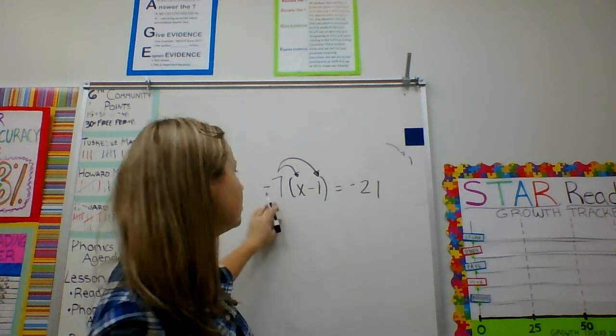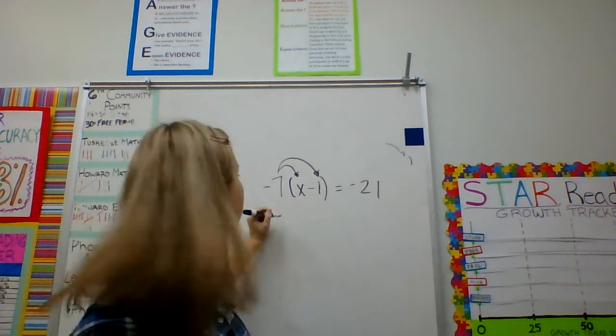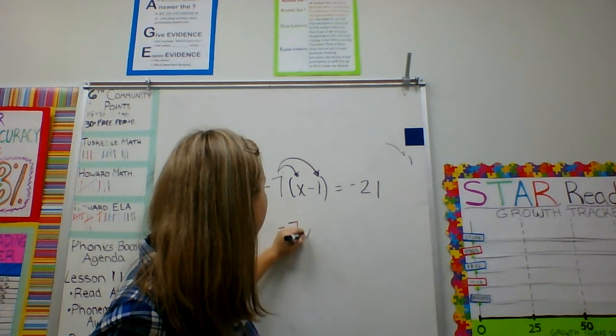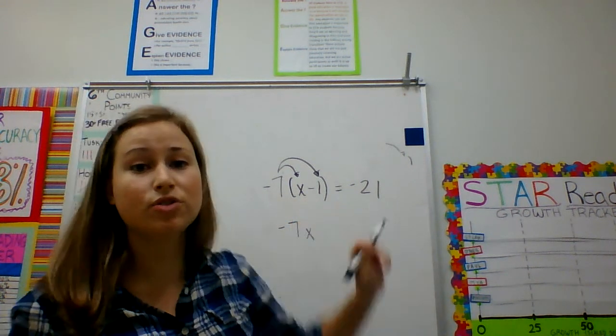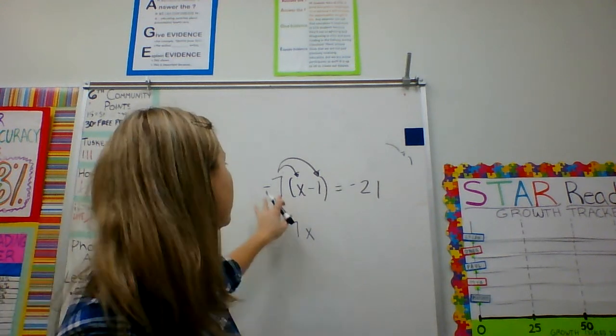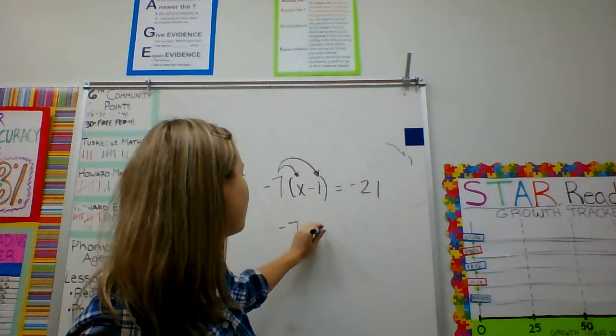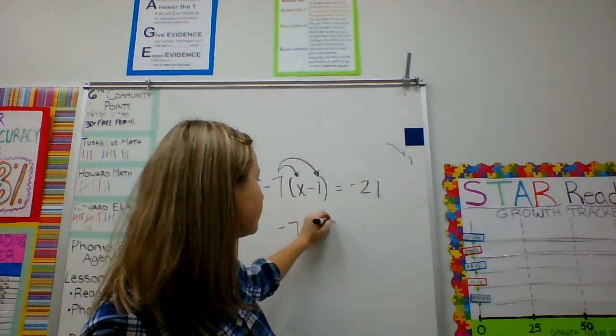Draw my arrows. I'm distributing -7. -7 times x, -7x. Now, -7 times -1, this is just like example 2 we did in the beginning of this video. Negative times a negative is a positive. 7 times 1 is 7.